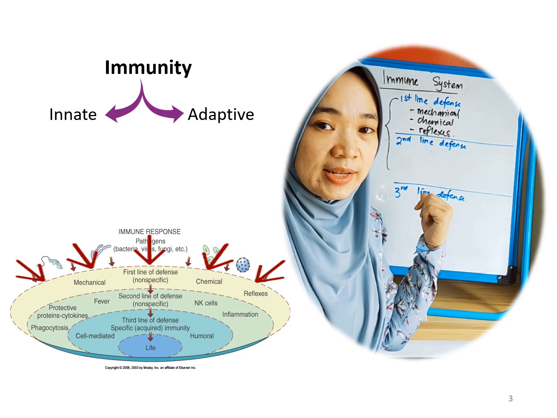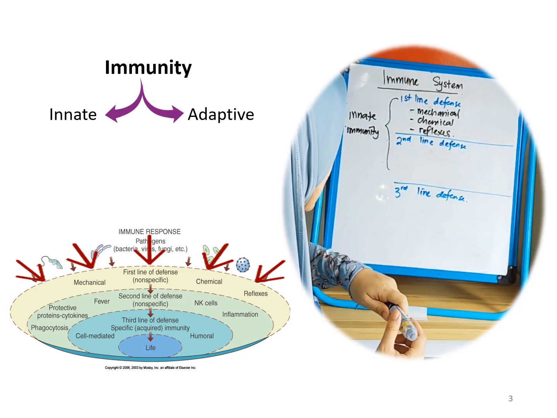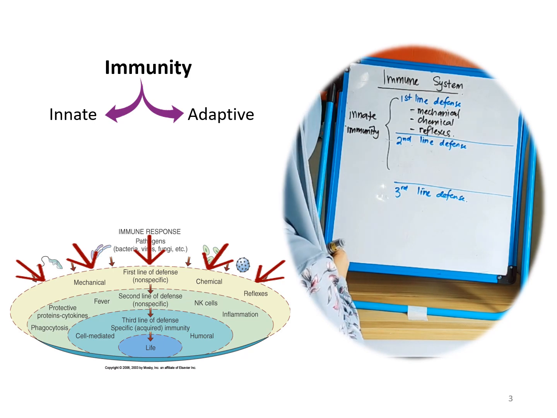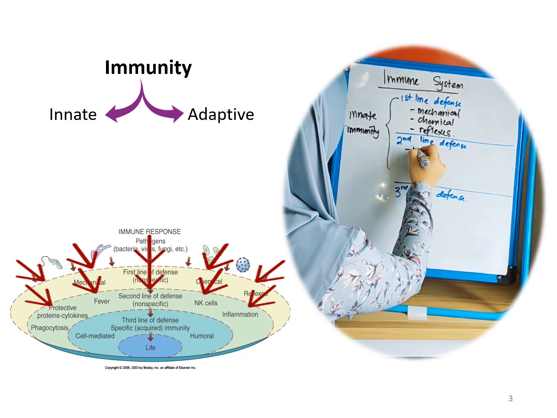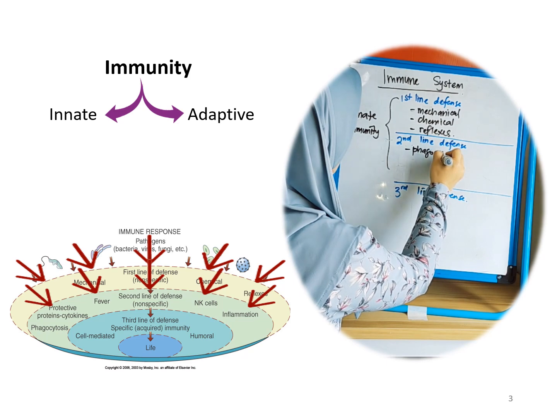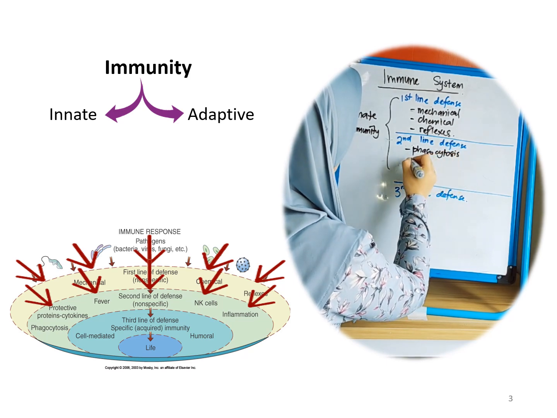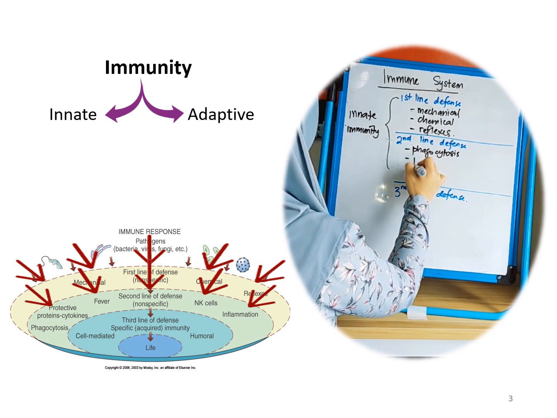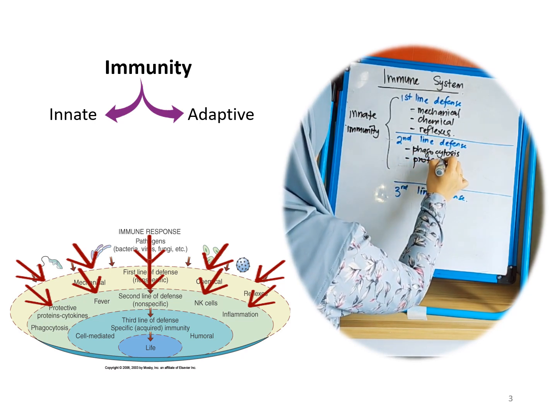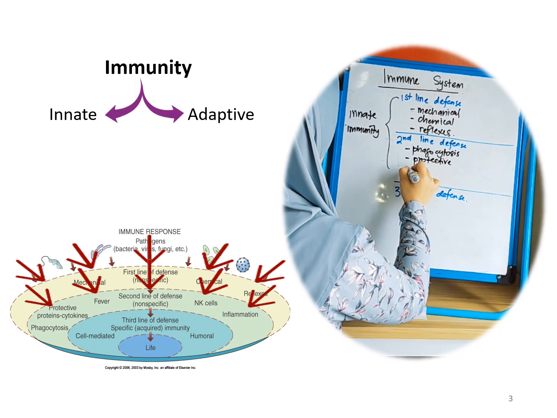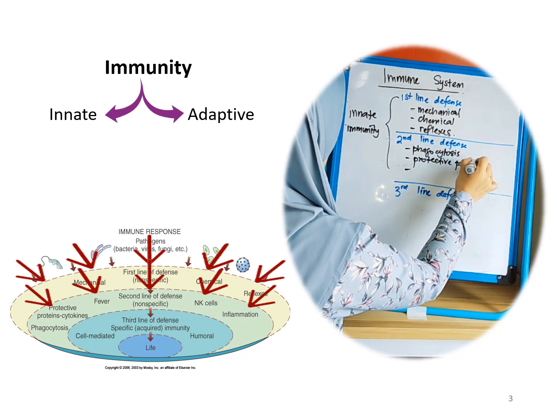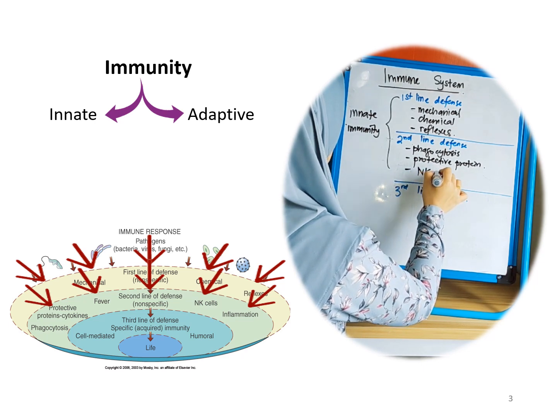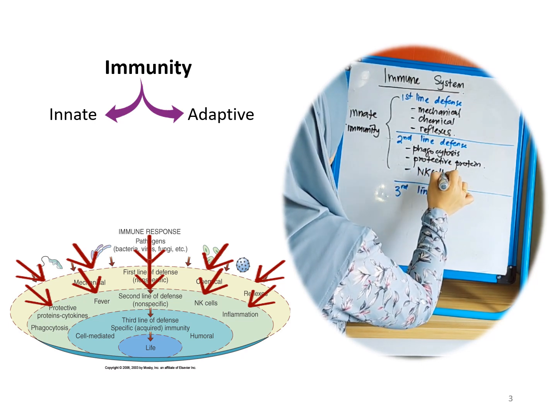Okay, next, for the second line defense mechanism, we have phagocytosis, we have protective protein, we have the NK cells, which is natural killer cells.